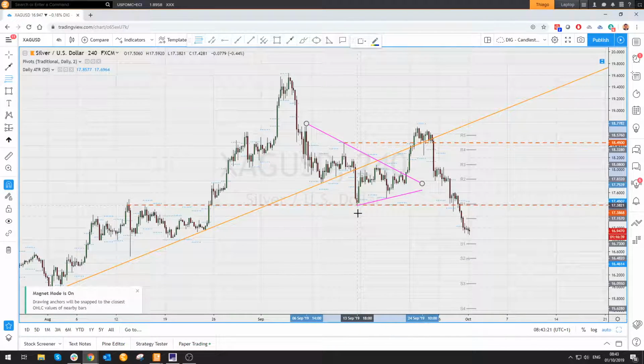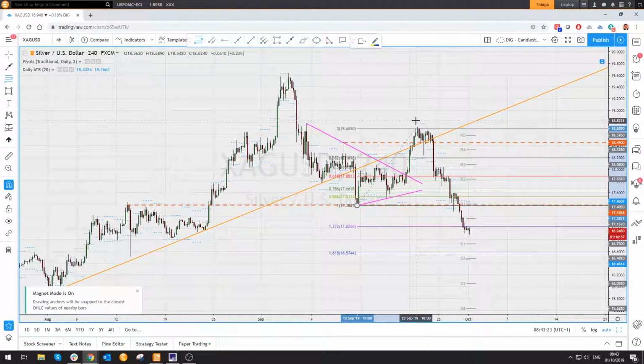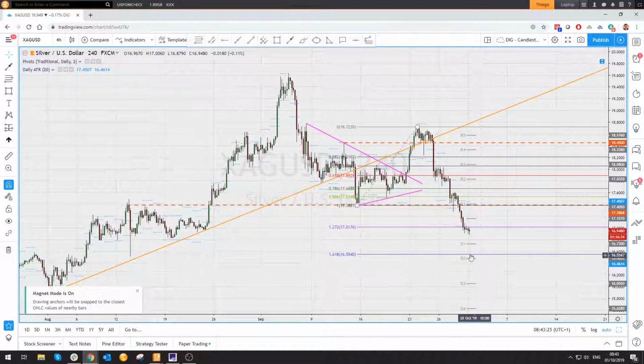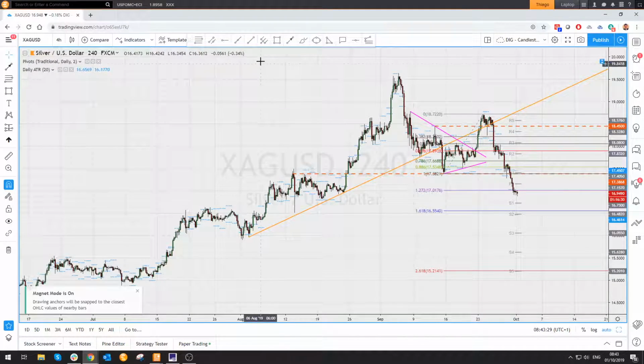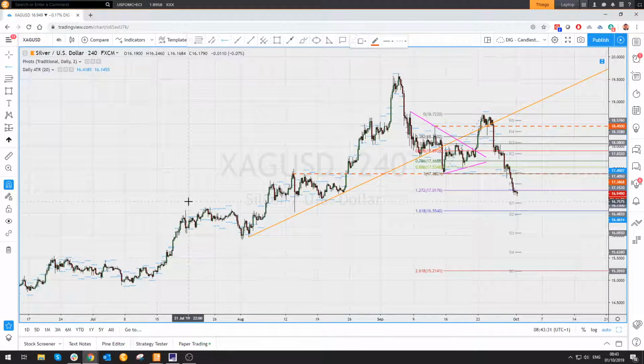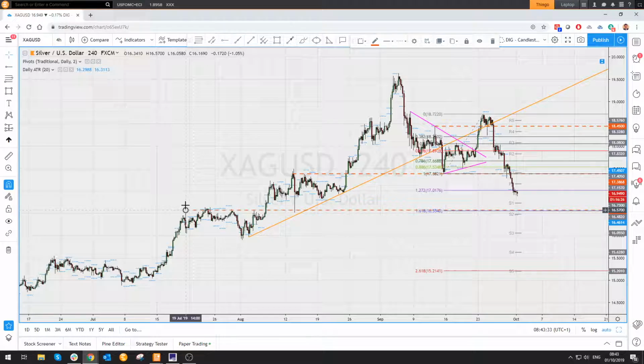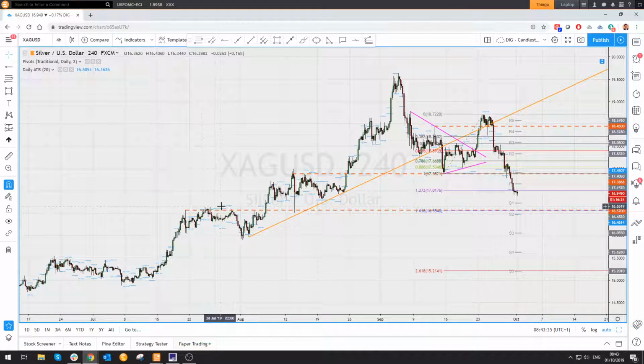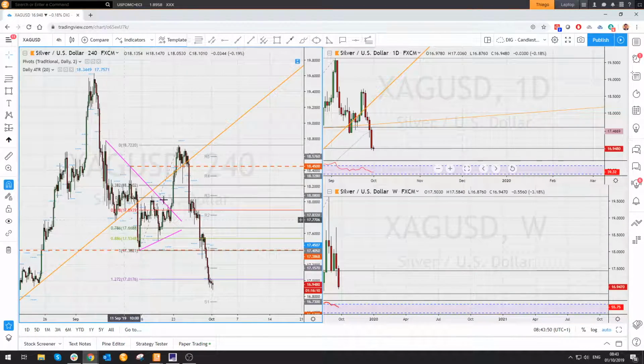So if I do add a fib extension from this low to this peak, you can see here that this 1655 is probably the next support on silver, and you can see here it's a really nice place, isn't it? Really perfect resistance here. 1, 2, 3, 4 highs. The last time after we broke, we retested and bounced hard. So I think the 1657 is a really big support on silver.